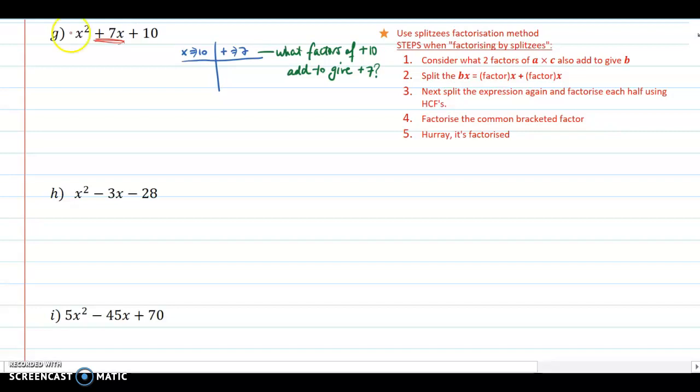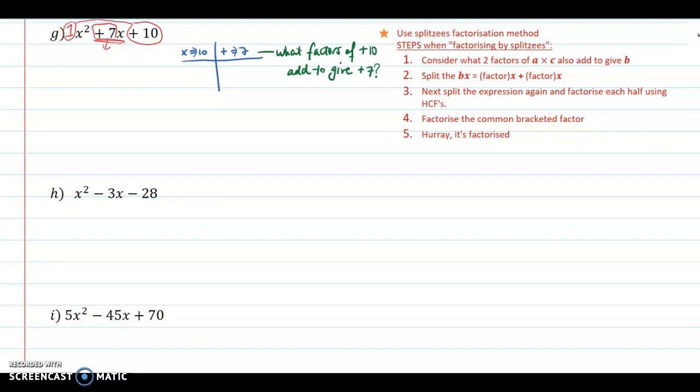And what you're doing is you take the coefficient of the first part of the expression next to the x squared, and you multiply it by the constant term at the end there. And whatever result you have, you then need to think about: what are 2 factors of 10 that add to give this middle coefficient value?